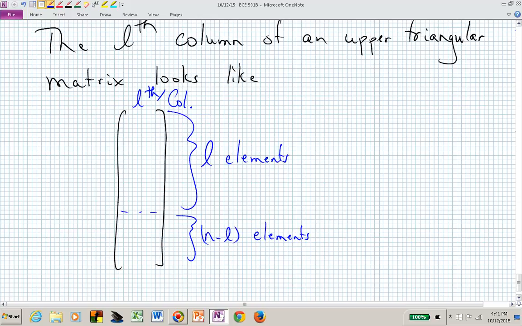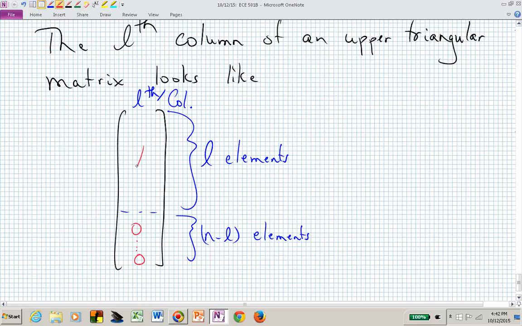This is an upper triangular matrix. I've now walked over to the nth column, and what can you tell me about the entries relative to that partition that's drawn at the base of the nth element? What's happening below that? It's all 0 below that.